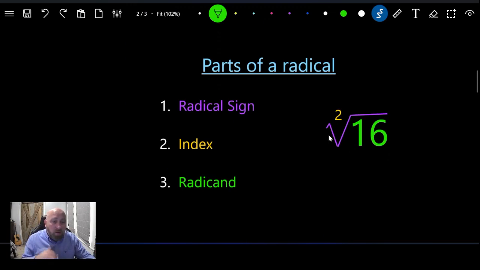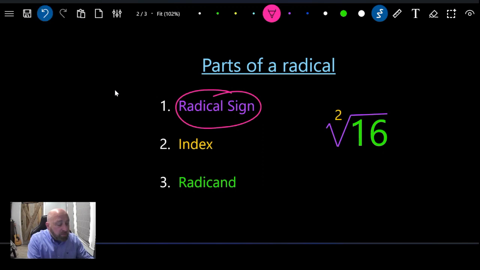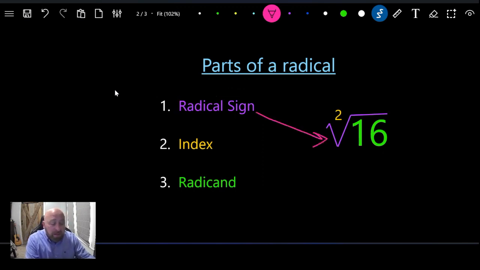So let me go back over. I said some of the vocabulary words there, but I want to go back over them so you make sure that you know them. These are parts of the radical. The radical sign, here in purple, is what tells us that we have a radical, okay? The index is this number here in the yellow color.